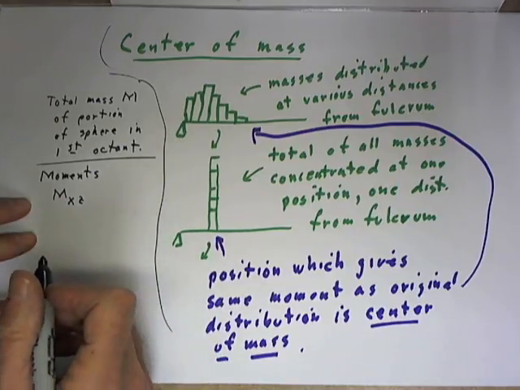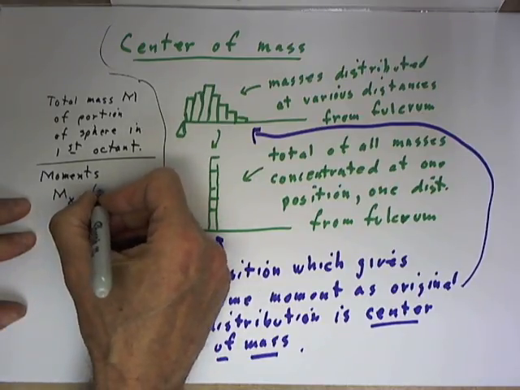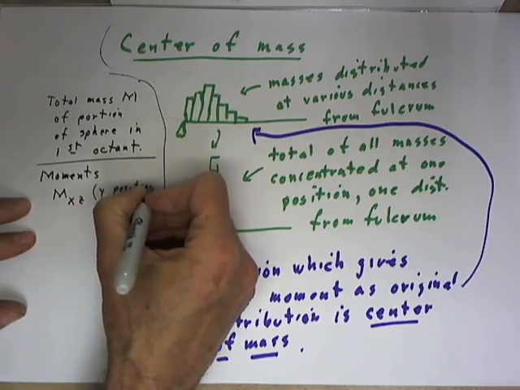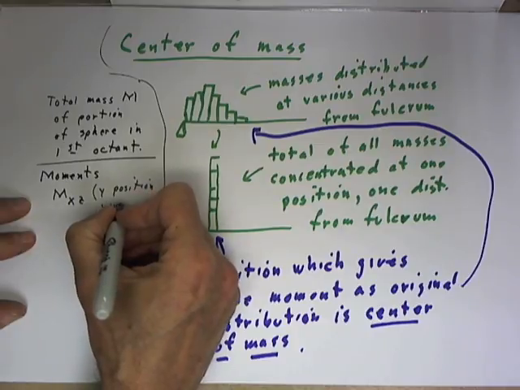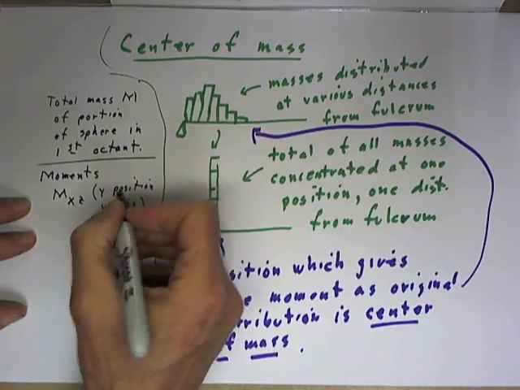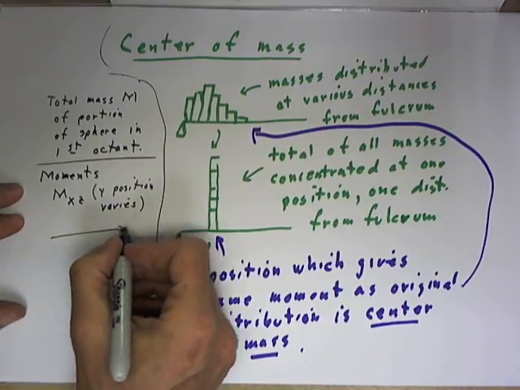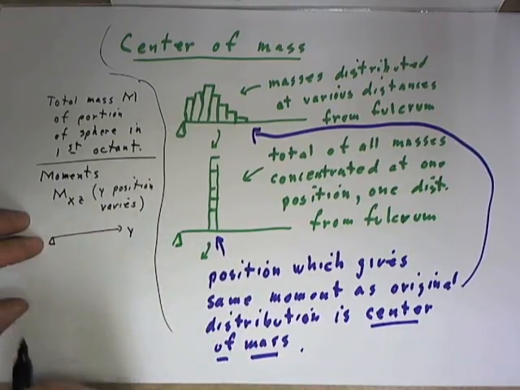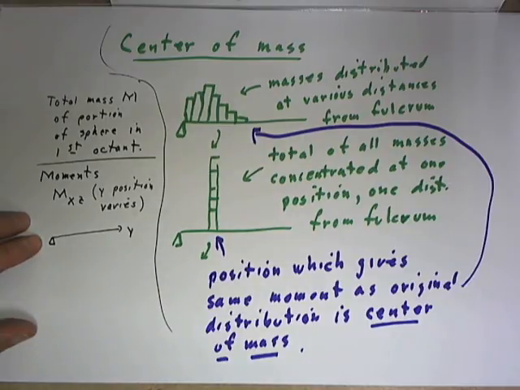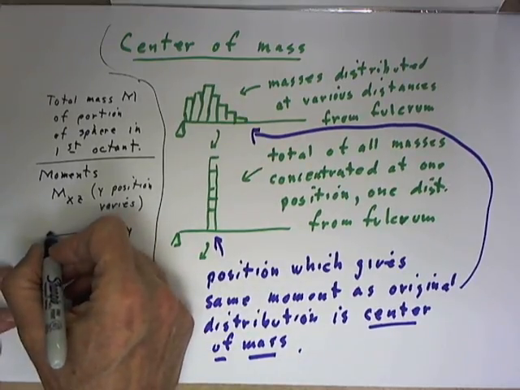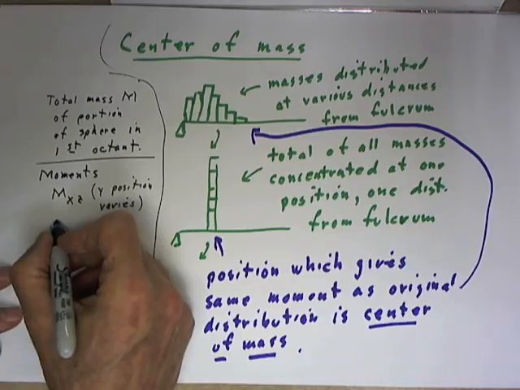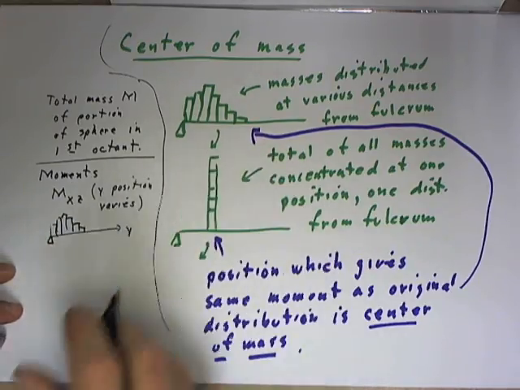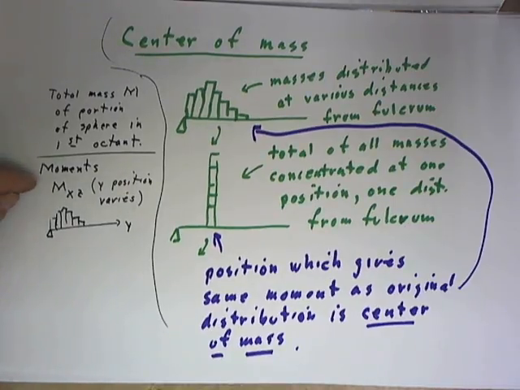mxz, where the y position varies, giving us a picture of the y-axis rotated about the 0 point, the origin of that axis, with a bunch of masses distributed over it, very similar to the picture we see here. So we had the moments.